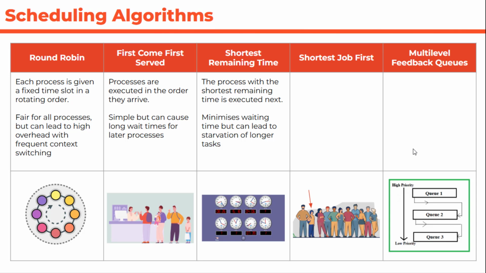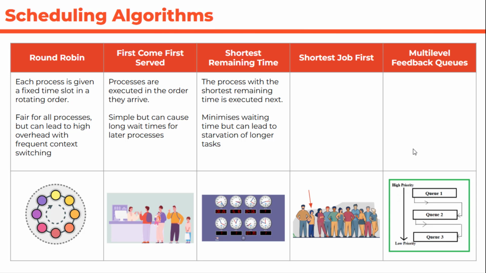And what that does is it minimizes the waiting time because it gets lots of smaller tasks done, but it can lead to starvation of longer tasks because if shorter tasks keep joining the queue, they're going to get chosen first, and your longer task is going to be pushed further and further back in terms of its priority to be executed.